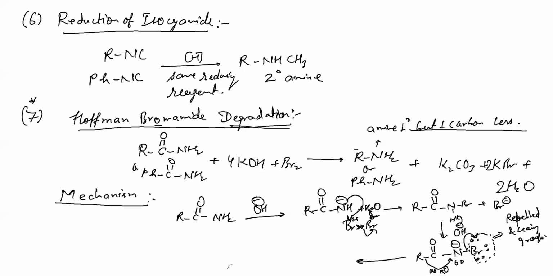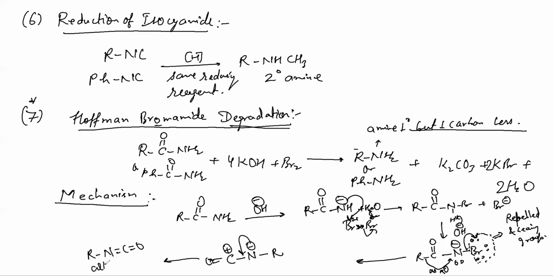What do we get here? C double bond O, single bond N, R, minus here, plus here. Why did nitrogen get minus? Because nothing changed for nitrogen. Nitrogen was already making one bond with Br. Now it is making one with R. And this plus and minus will make a bond and you'll get R, N double bond C double bond O.